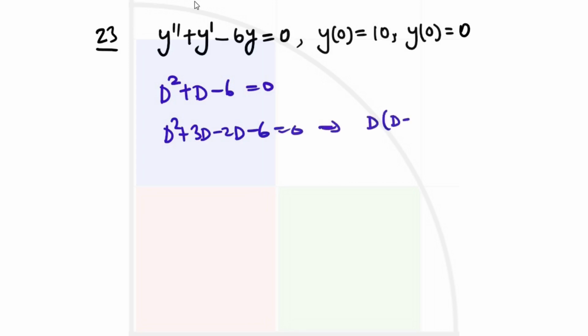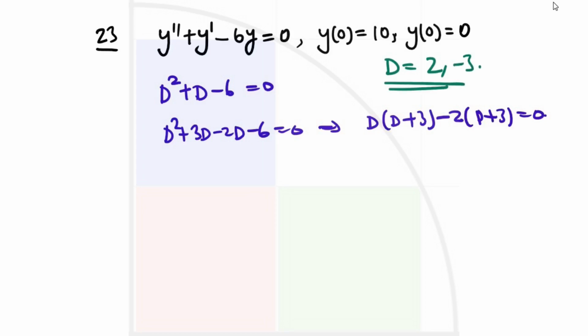This gives (D plus 3)(D minus 2) is equal to 0, and this will give us D is equal to 2 and minus 3. So we have got two roots, which is 2 and minus 3.